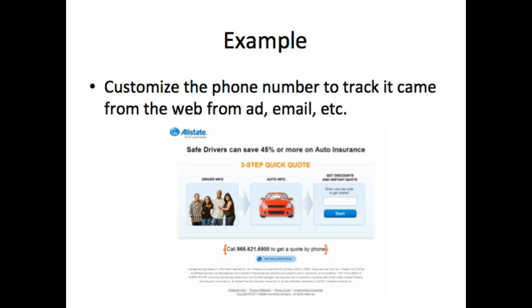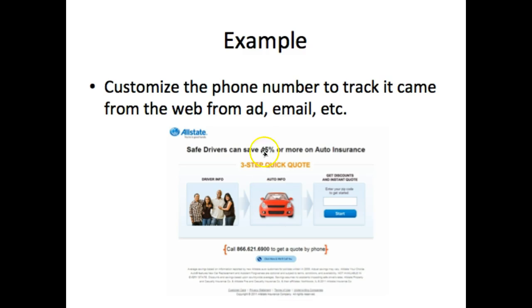Another example of things that you can track: customizing the phone number to track that it came from the web, from an ad or an email, etc. So you can customize these phone numbers. And so then I'm able to track, okay, how many people called this number total, and what was the revenue generated from those particular phone calls, because they all came in using this particular number.